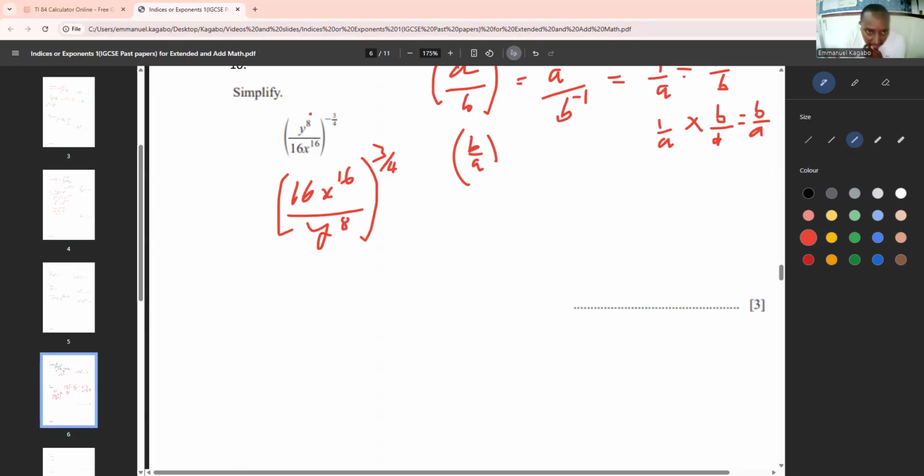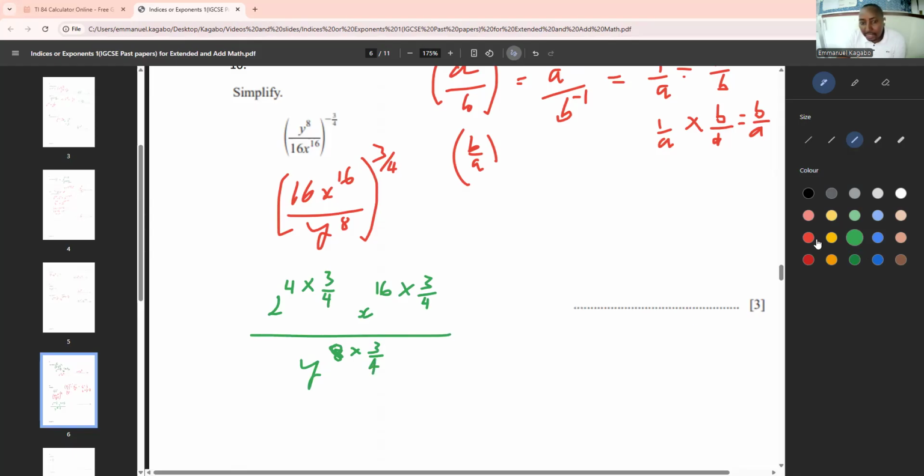Now again, like I said in the previous question, be careful. The power is a fraction, so write all of this in powers. 16 is the same as 2 power 4, then times 3 over 4. Now x power 16 times 3 over 4, and y power 8 times 3 over 4. Are we together here? Good.